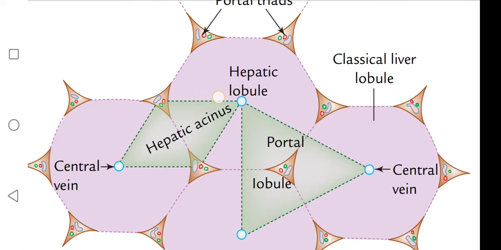Central vein is present at each end. This is the hepatic acinus, which is diamond shaped. At the elliptical ends, two triads are present, and at the other ends, the central veins are present.